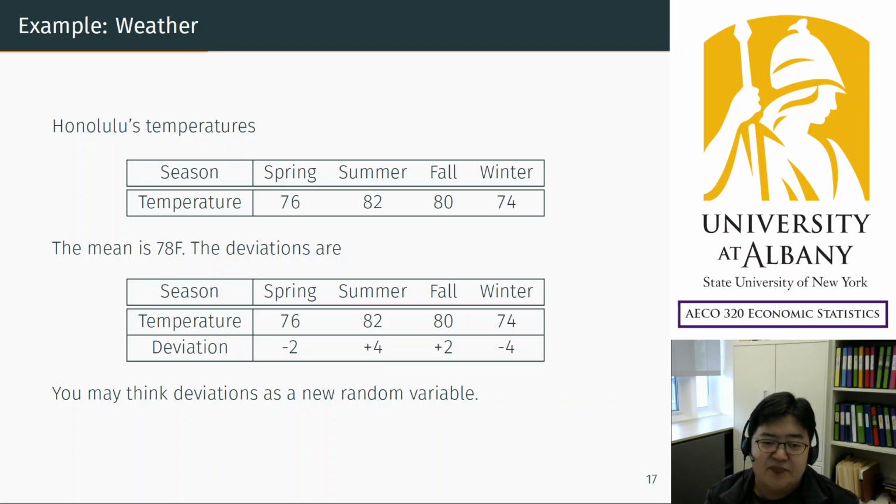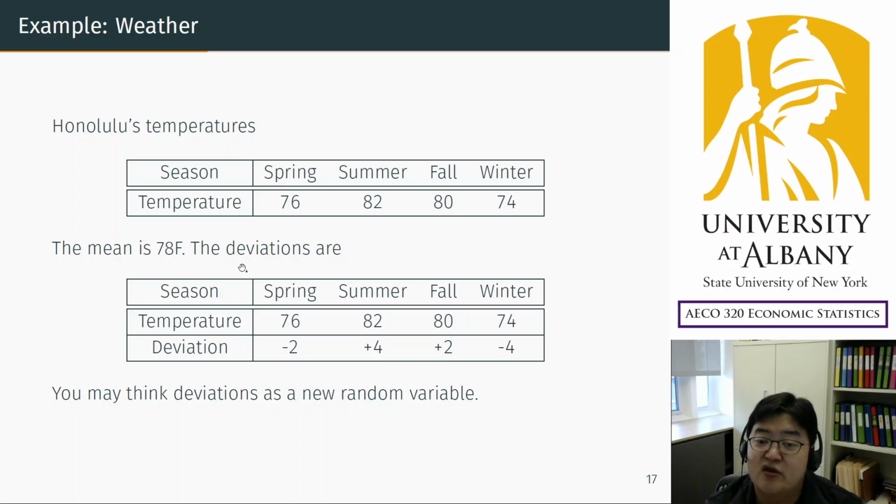In this case, the mean is 78. I'm not going to show you how to calculate the mean. It should be simple enough, right? There are only four numbers, so I believe you can calculate the average of four numbers. And once you get the mean, that is the center. So the center is 78.